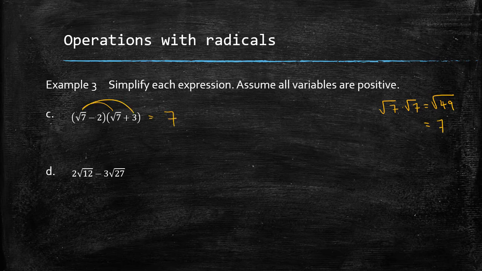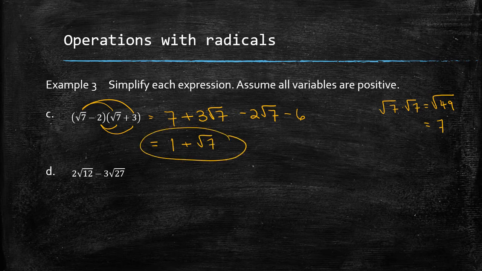Okay, good, keep going. So then we'll have +3 times the square root of 7, distribute the -2, -2 times the square root of 7, and then -6 at the end. Okay, you want to add any like terms and like radicals, so we'll add our numbers together, 7 minus 6, and then the radicals, so 3 rad 7 minus 2 rad 7 gives us rad 7.